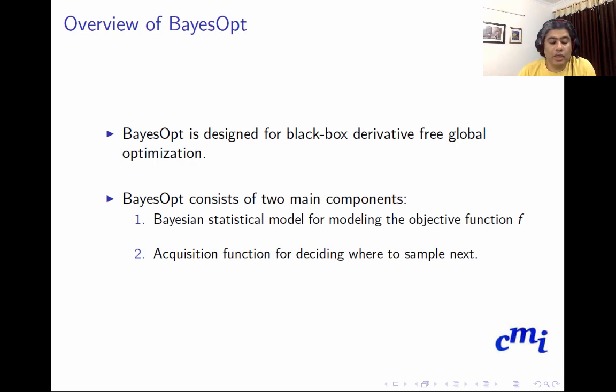Because we do not know how f looks like, we can evaluate f at a certain value of x, but we have no understanding of how the mathematical function or the model looks like, and naturally we cannot calculate the first derivative, second derivative, or the kth derivative.